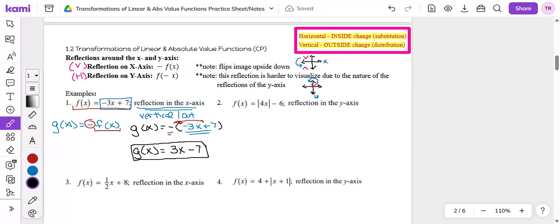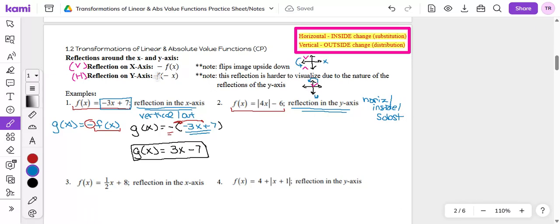If we look right next to it, number 2, f of x, the original function, is the absolute value of 4x minus 6. Again, this time they're telling me a reflection in the y-axis. So I know that this is a horizontal, which means I'm going to have an inside change, which is a substitution.